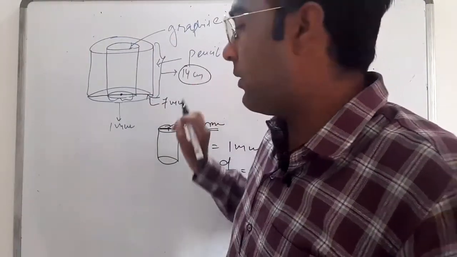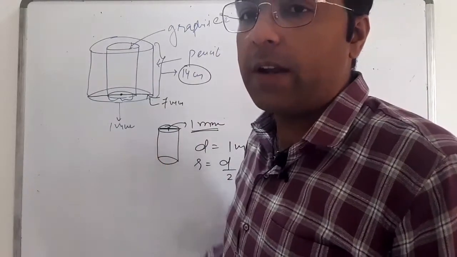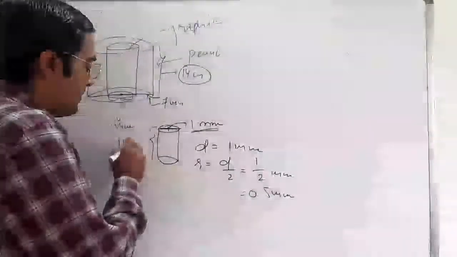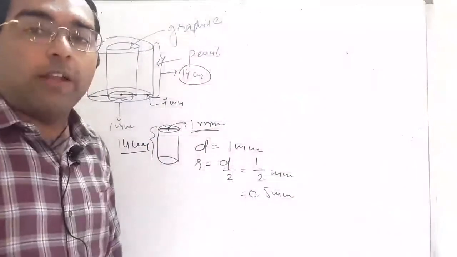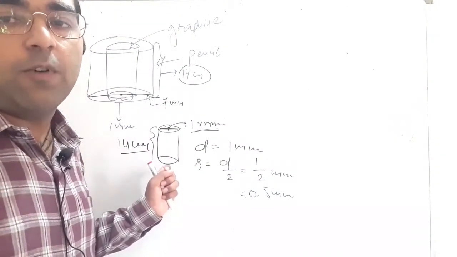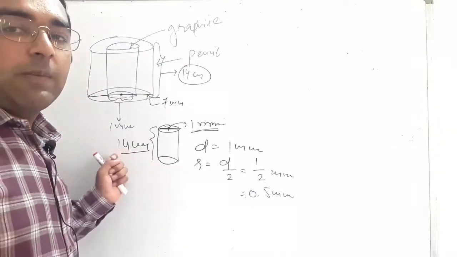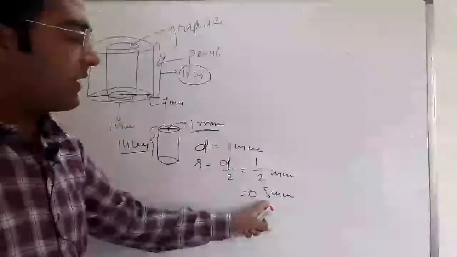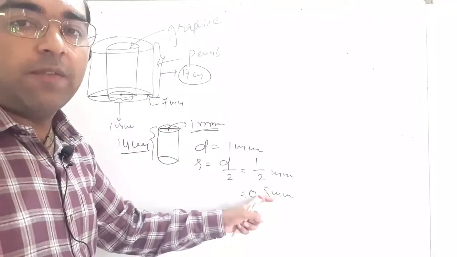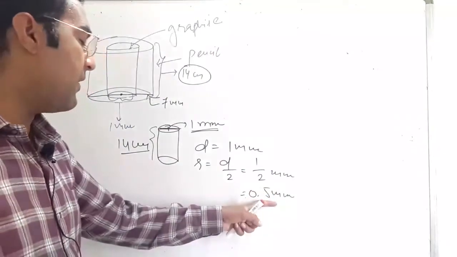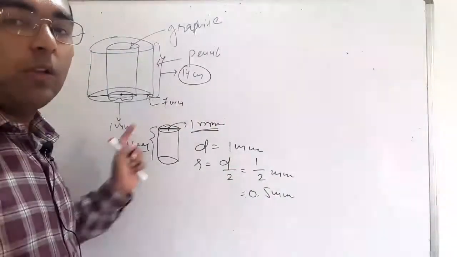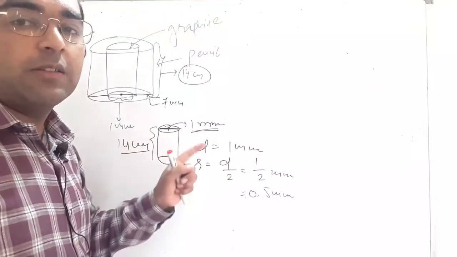So I'll take the height of this graphite cylinder as 14 centimeter, and my radius is 0.5 mm. So first of all I'll convert this 0.5 mm to centimeter, because we have to find everything in centimeter.